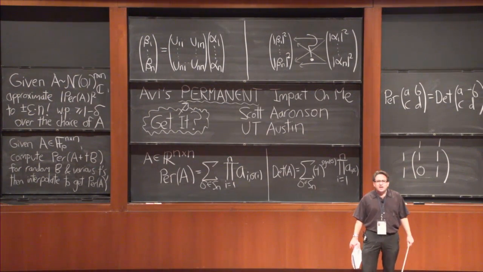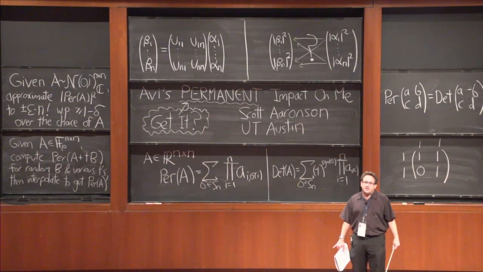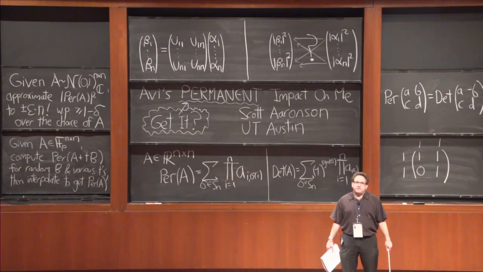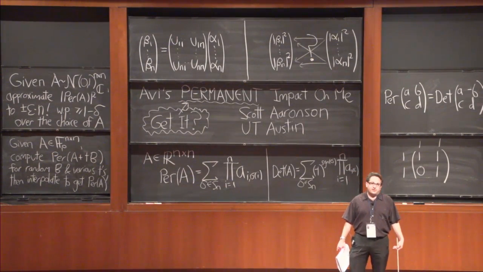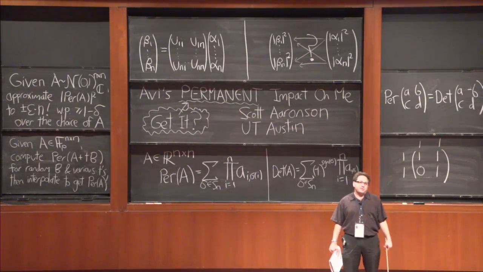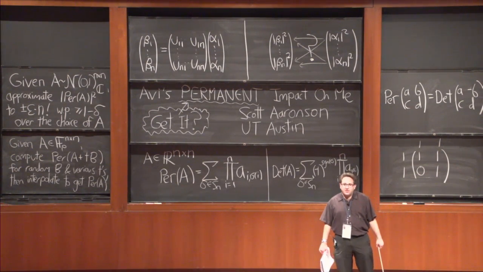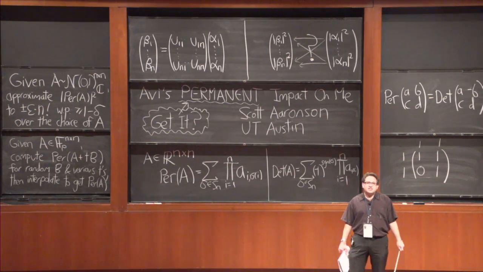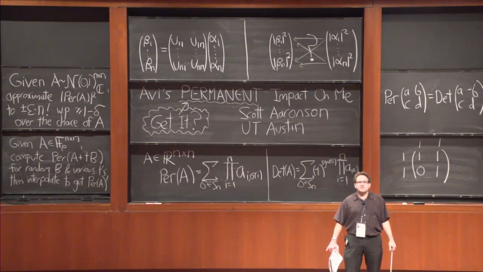But now I can come to the first thing that Avi said that blew my mind. If you think of the polynomial time algorithm for perfect matching, or let's say for deciding whether a permanent is 0 or non-zero, that you would learn in an undergrad algorithms class, it's a somewhat sophisticated algorithm.